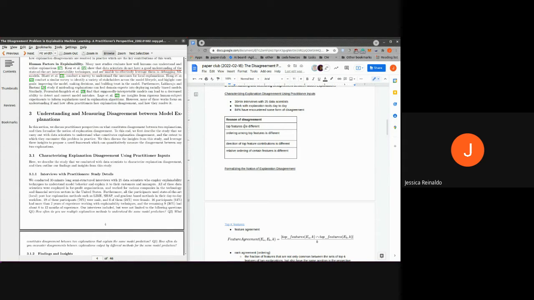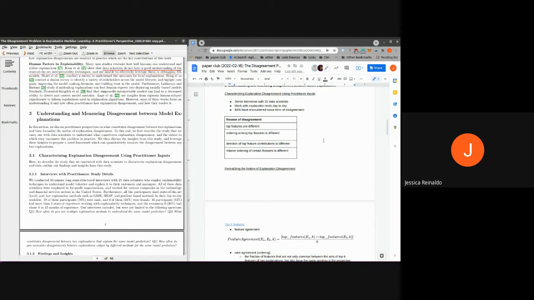So these are the most relevant ones that they found. The reasons for disagreement can be because the top features are different. So one of these models says a subset of F features is better, and the other says it's F star, and they are not compatible. The ordering among the top features is different.